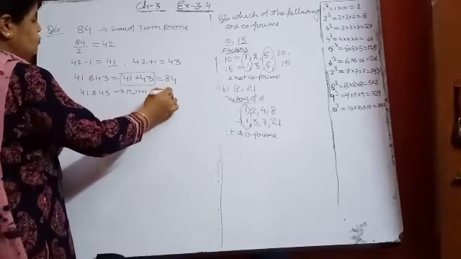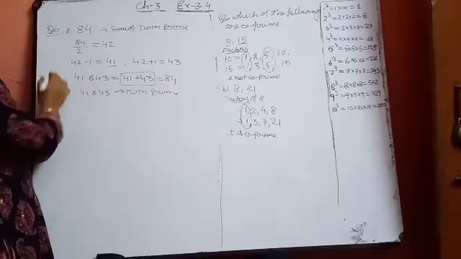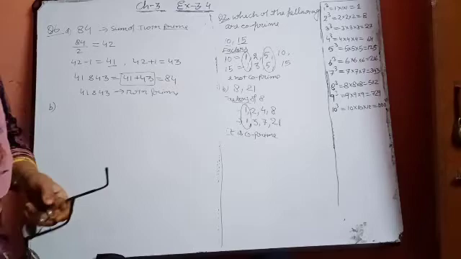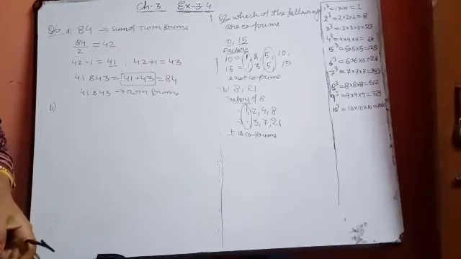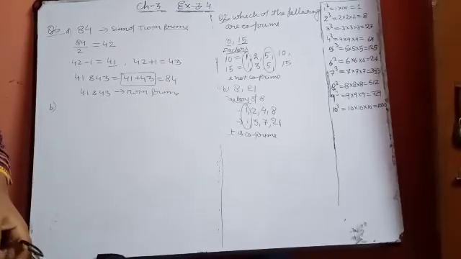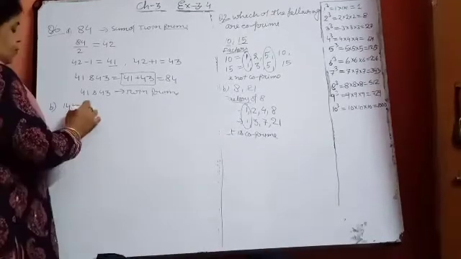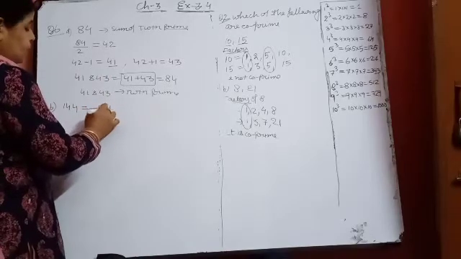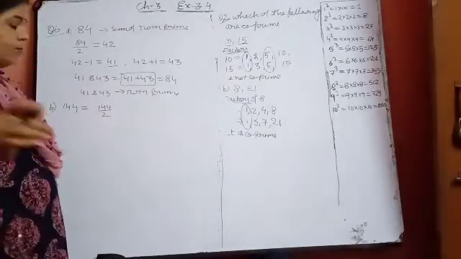One more part of this question I am doing, and the next part you will do yourself. Okay, see now. Divide 144 by 2, as previously in question number 1 we were doing.